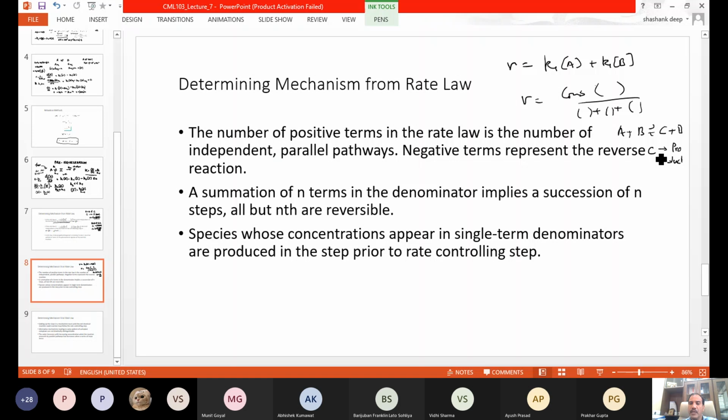So this must have been formed in the one step prior to this. I will explain one more example, but just keep this in mind. Species whose concentration appears in a single term denominator are produced in the step prior to the rate limiting step.